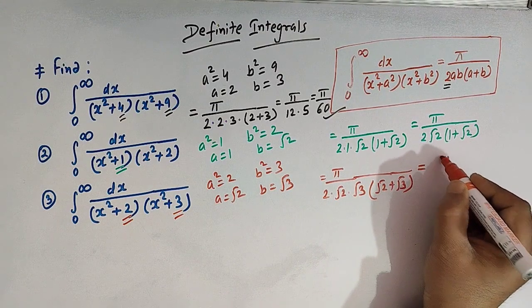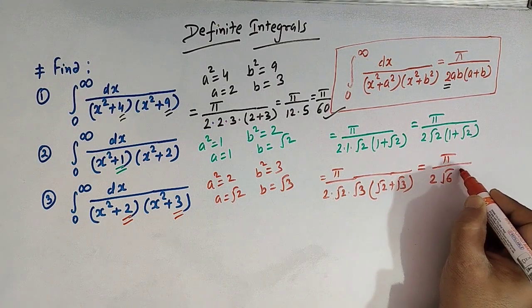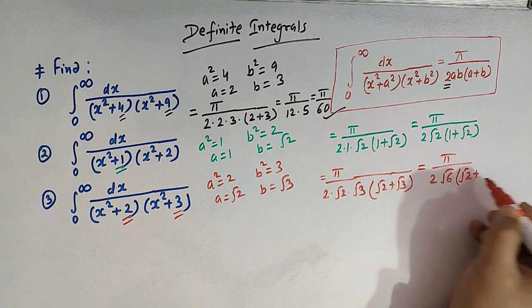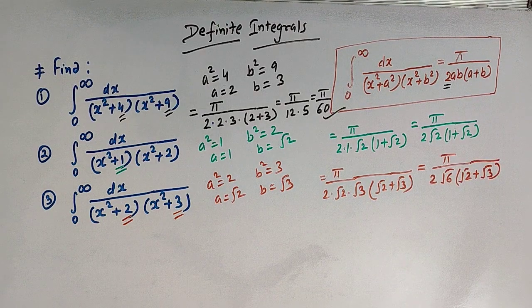So this is pi divided by 2 times square root of 6 times the sum of square root of 2 and square root of 3. So this is how we can find the values of these types of integrals by making use of this result.